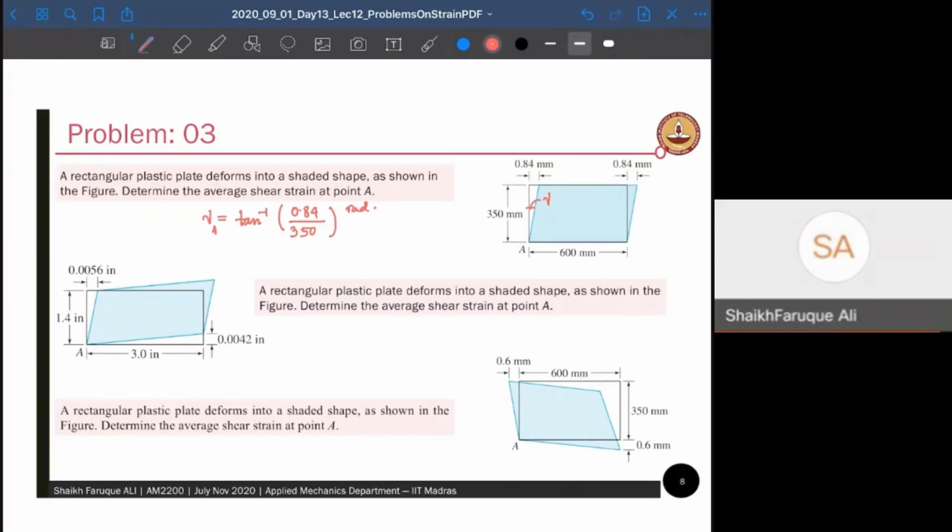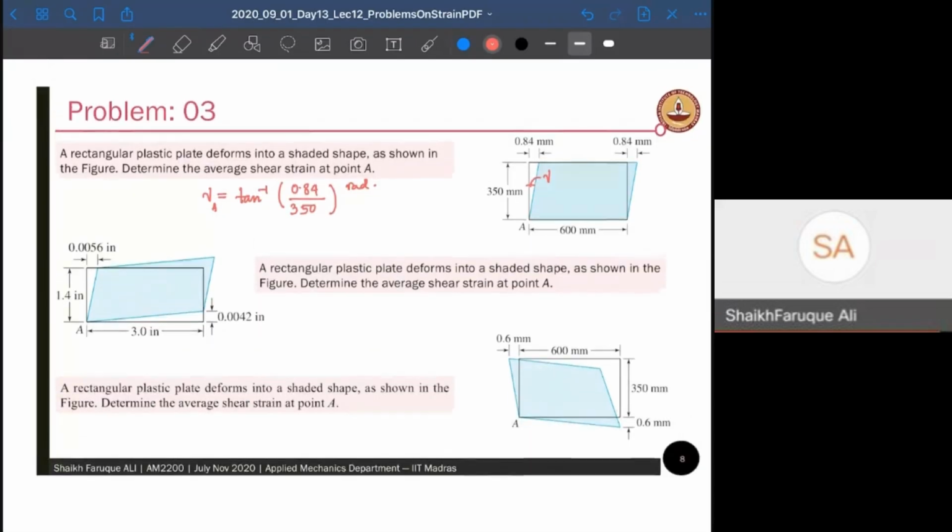But what about the second problem? In the second problem, this length has changed to this one, and both are straight lines. So this is one angle, and here is another angle. So the total reduction in angle is this plus this, right?